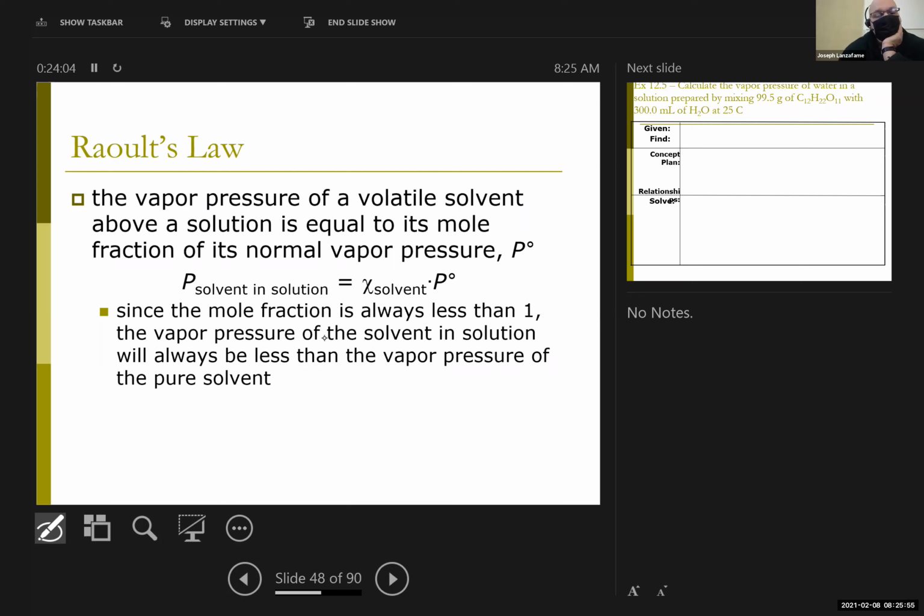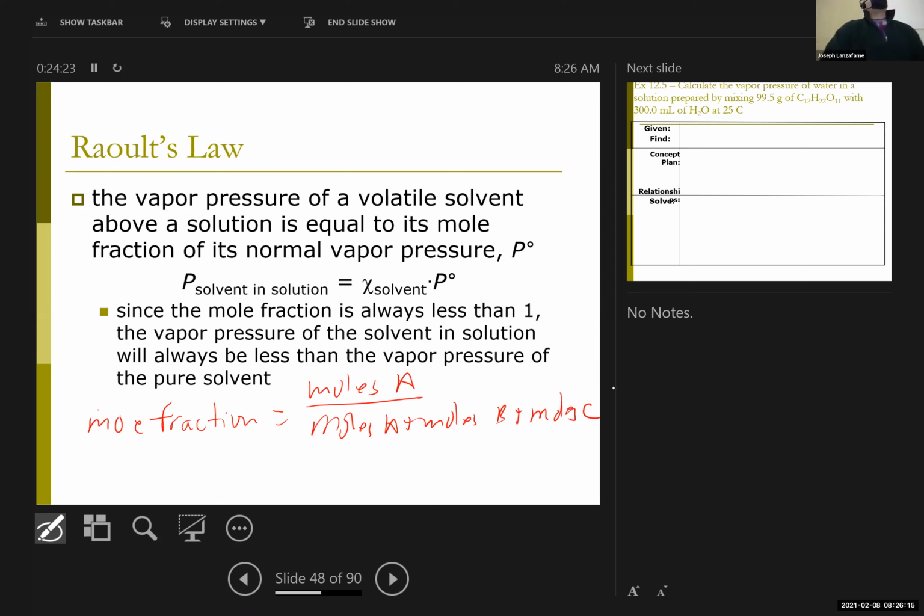Mole fraction in general is moles of something over the total moles. And so it's literally telling you what fraction of the particles are one of the components of my solution.